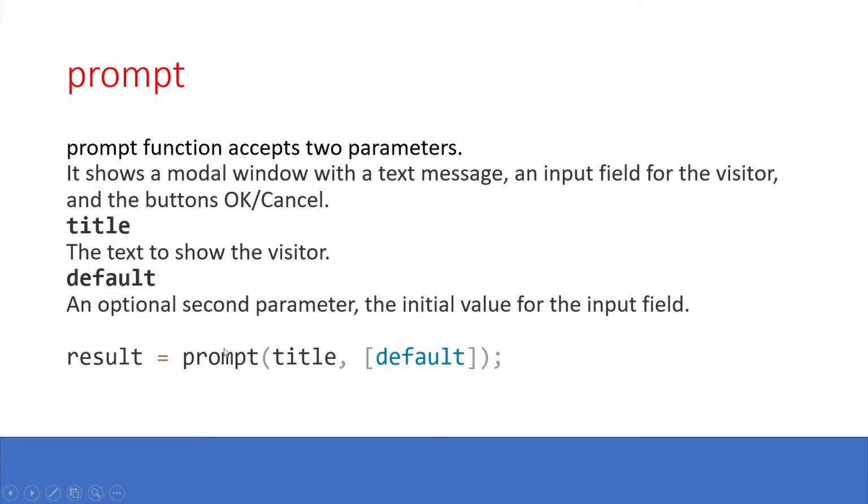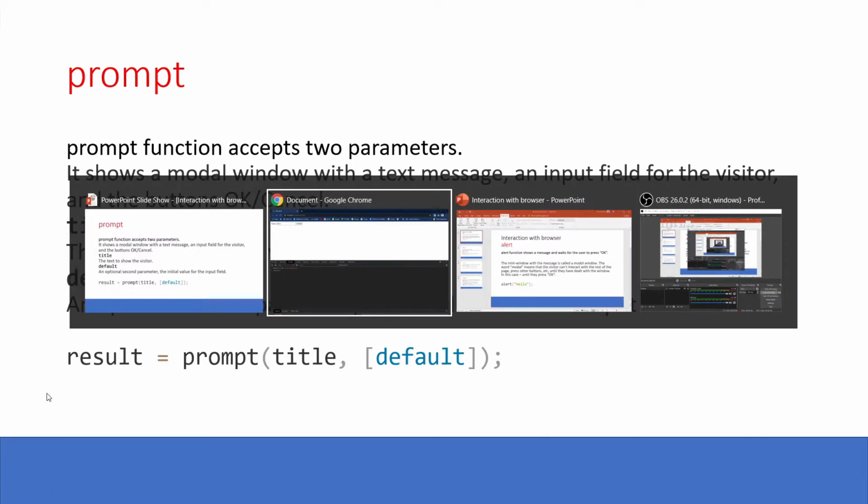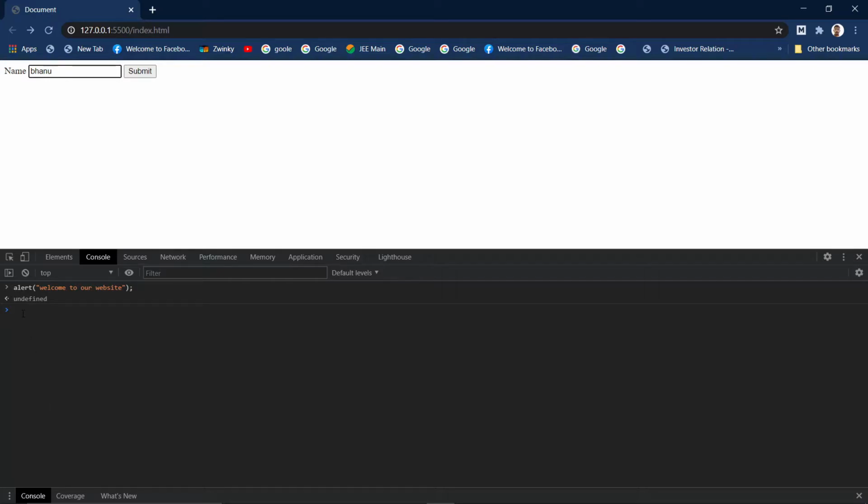What happens is, if a user enters text into the input field, that will be stored into a variable, or if the user presses the cancel button, null is stored into the variable. Now let's see an example in the browser. Let's clear this one.